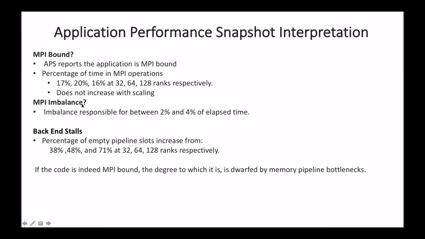Specifically, at 32 ranks our back-end stalls are at 38%, then 48%, and then way up to 71% at 128 ranks. So if it is indeed MPI bound, really this problem is dwarfed by the memory pipeline bottlenecks.